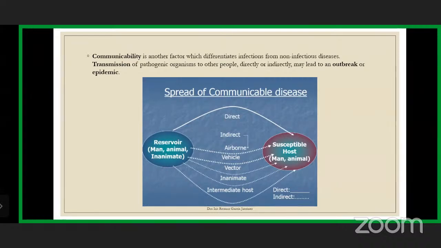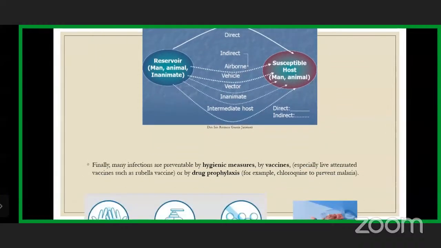Well, it's showing us this process, okay? Transmission of pathogenic organisms to other people, directly or indirectly, may lead to an outbreak or epidemic. Outbreak is how the infection starts, the patient zero, we all know this definition, and then it can go so fast and take an epidemic range, as now in the way we are living these last years.